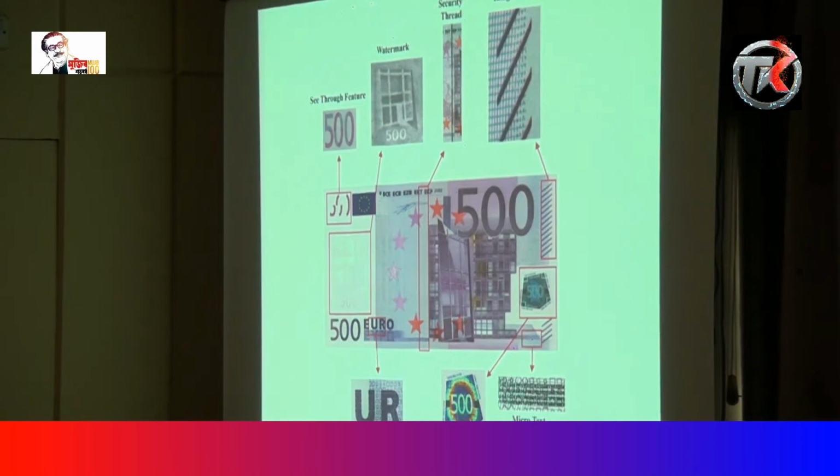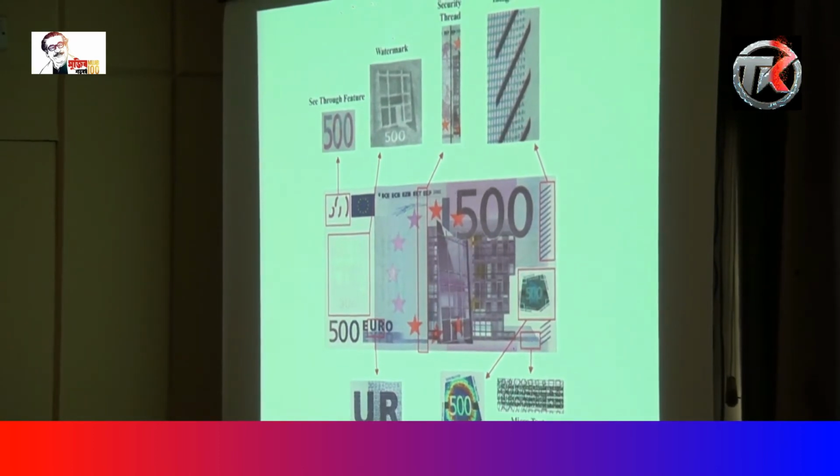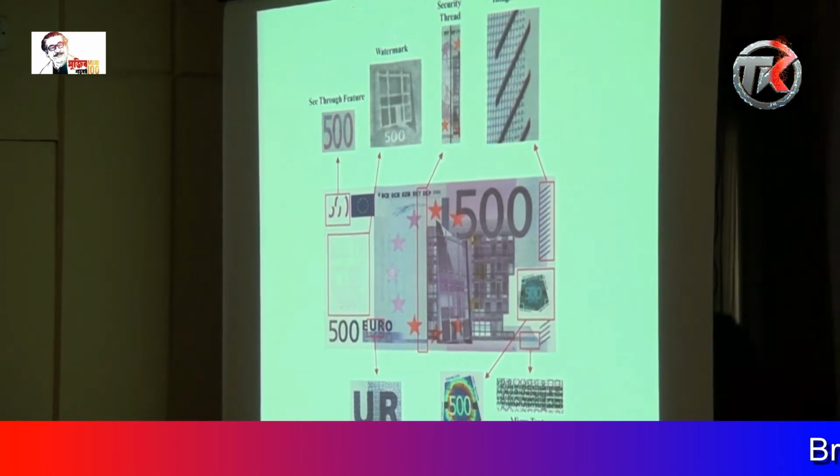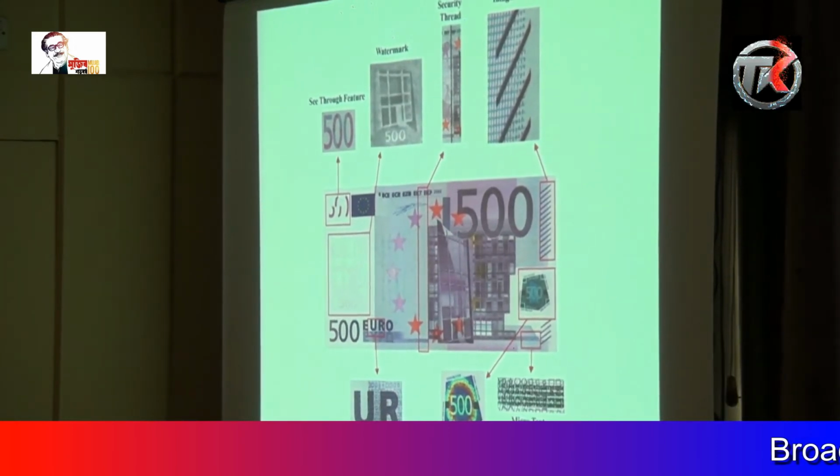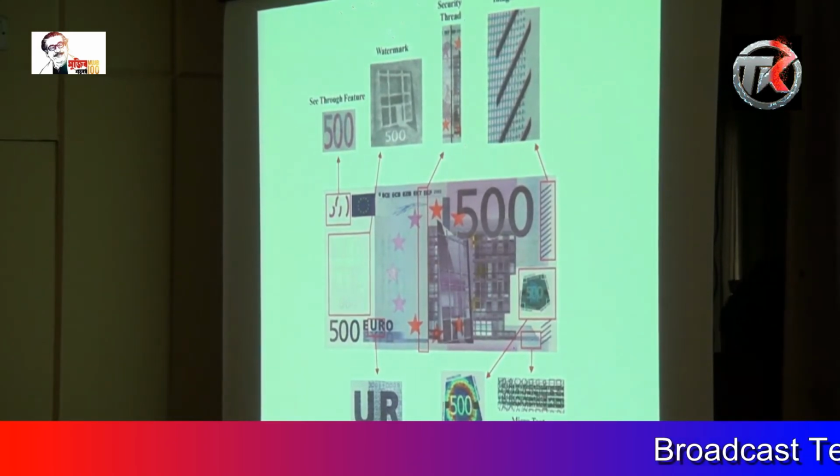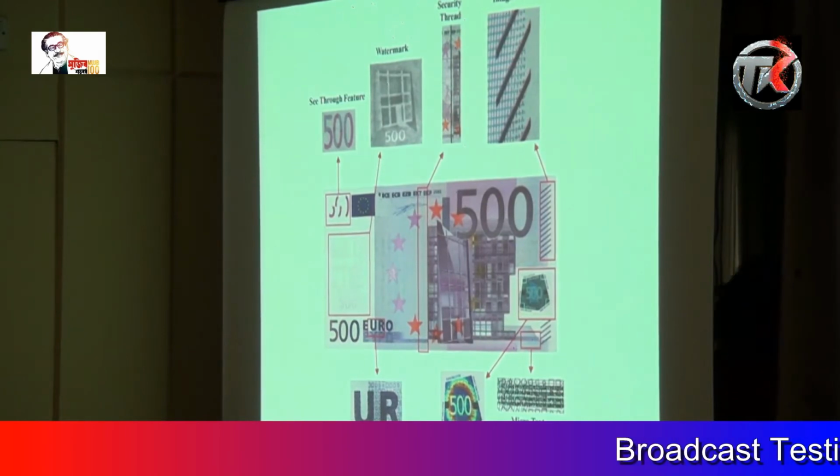Perf is like holes in some notes, normally a denomination. Perforation, yes. From perforation comes perf. So notes are perforated with some design, some number or denomination or any picture. You cannot see it with the naked eye. You have to look against the light to see the microperf or laser perf.